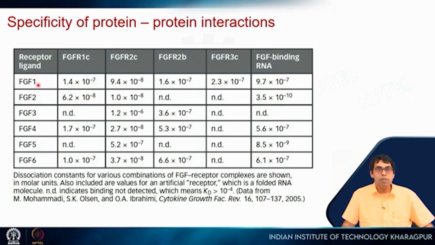So FGF1 is not very specific, but if you look at FGF5, there is not much detectable interaction here, here or here, but it binds to FGFR2C. So FGF5 is highly specific to the receptor 2C. Similarly, FGF3 is highly specific to 2B. It binds to 2C with some affinity and it does not bind to 1C and 3C.